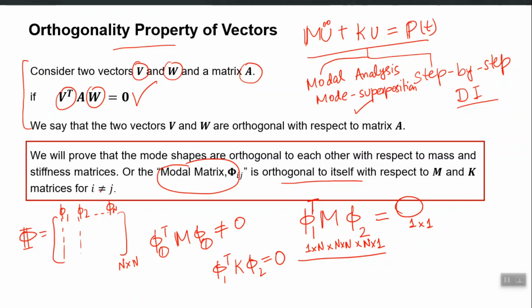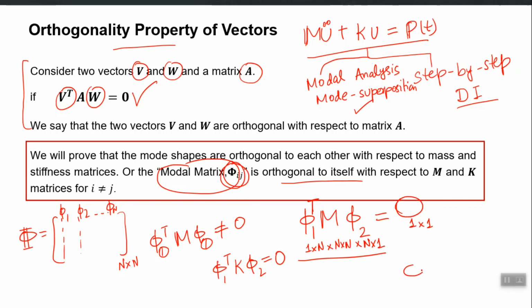So for I not equal to J, for example, if I say phi ij, I represents row and J represents column, right.